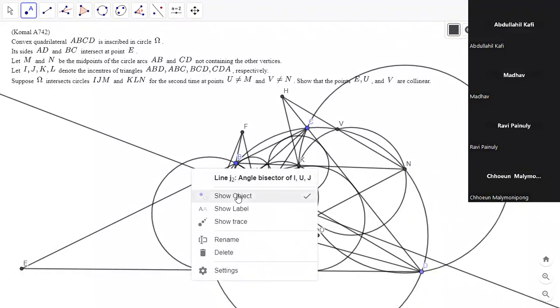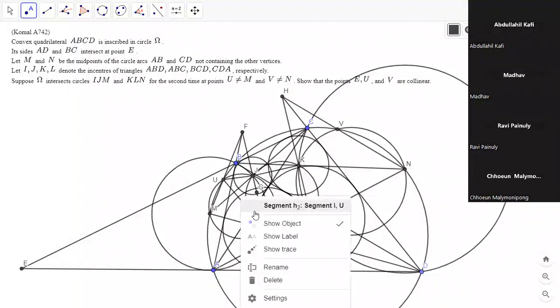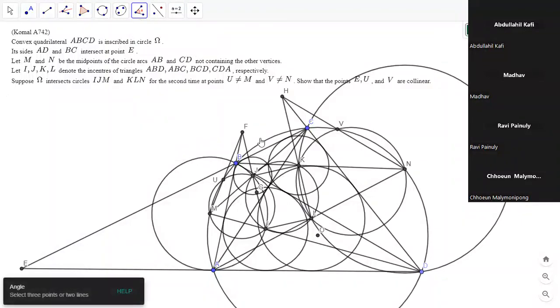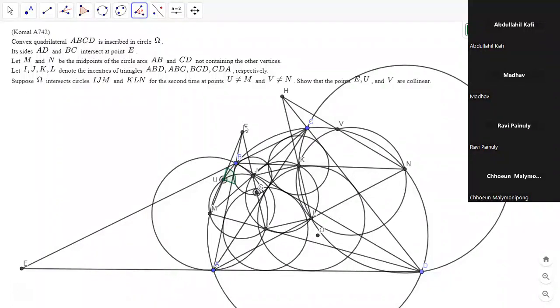So I'm just going to hide these extra segments that I drew. So G would be the incenter. And GUF, is GUF 90 degrees? Let's see. Yes.